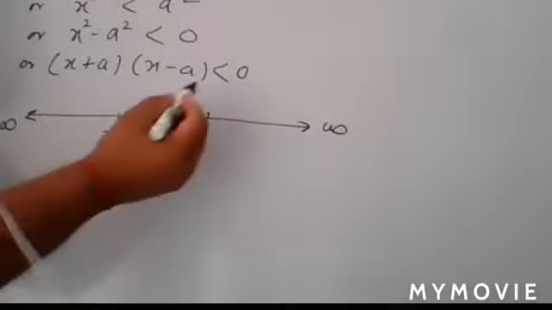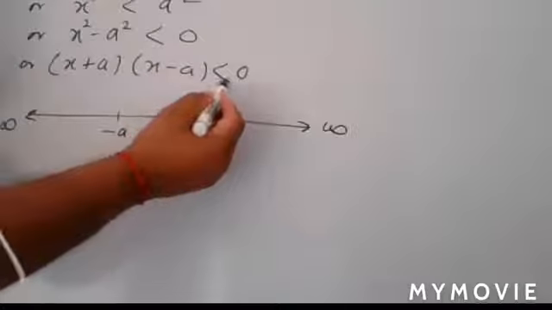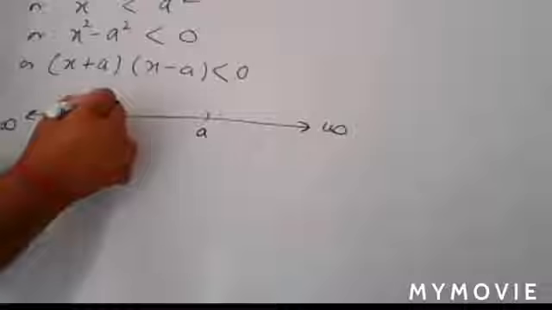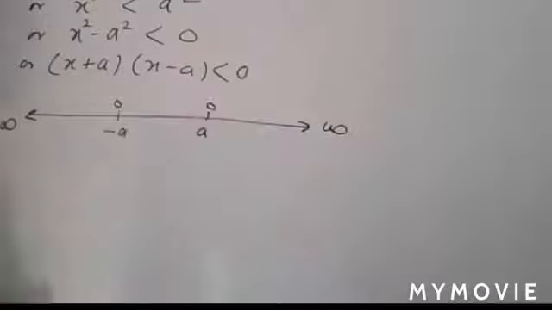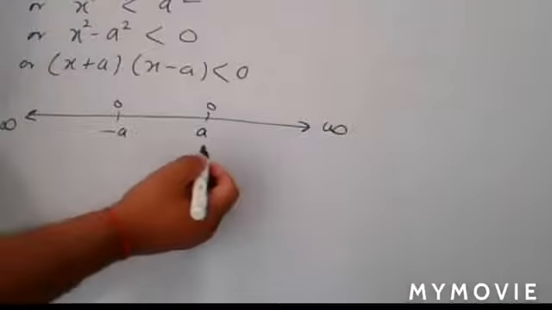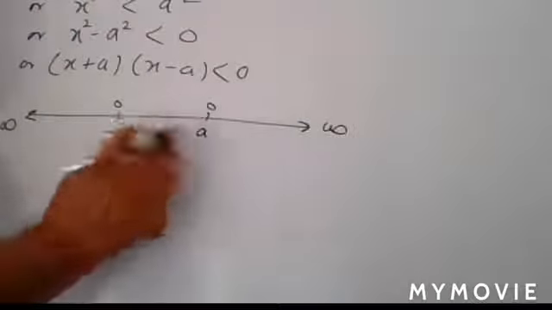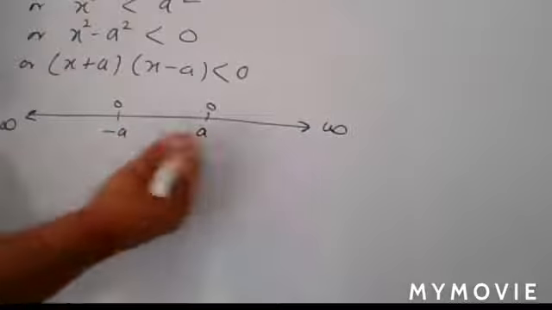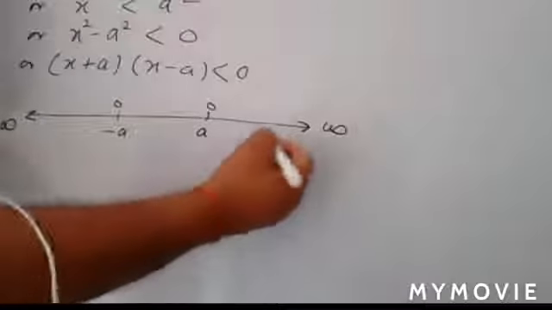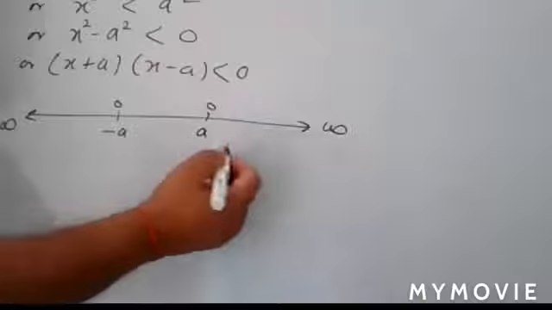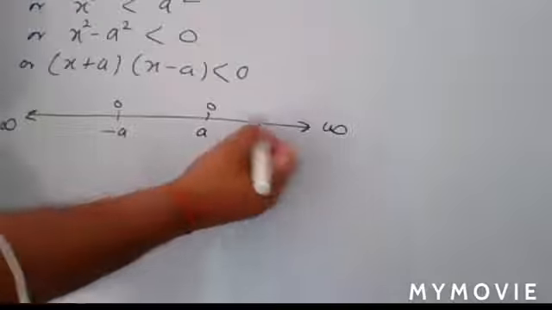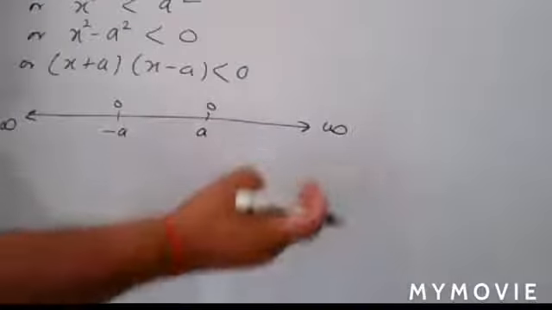Here your inequality is less than, so no doubt the points a and minus a are not taken. Now you come to the sign of these regions. Here you have three regions. For the extreme-most region, all the points are greater than a.